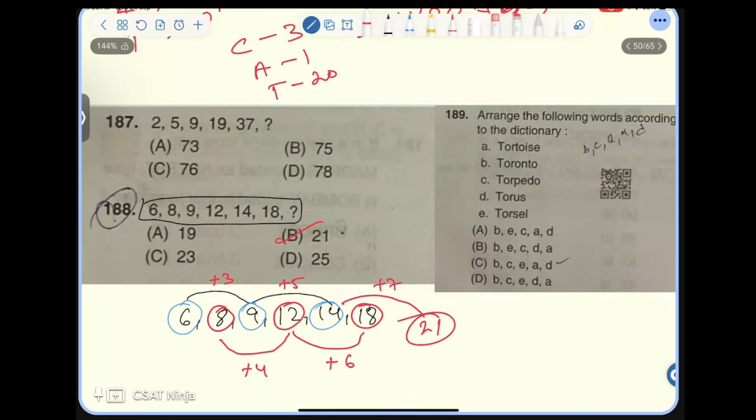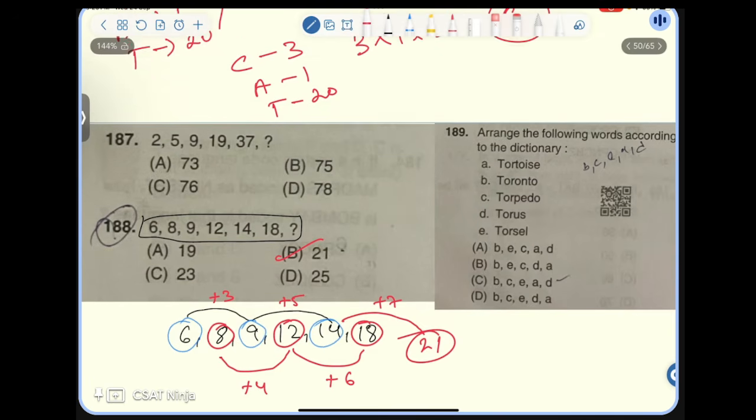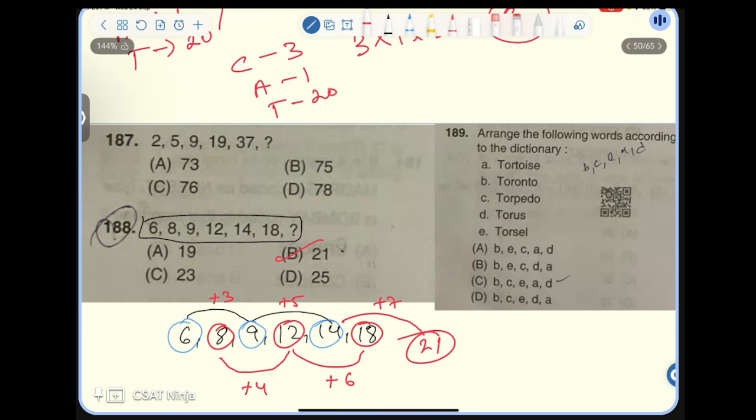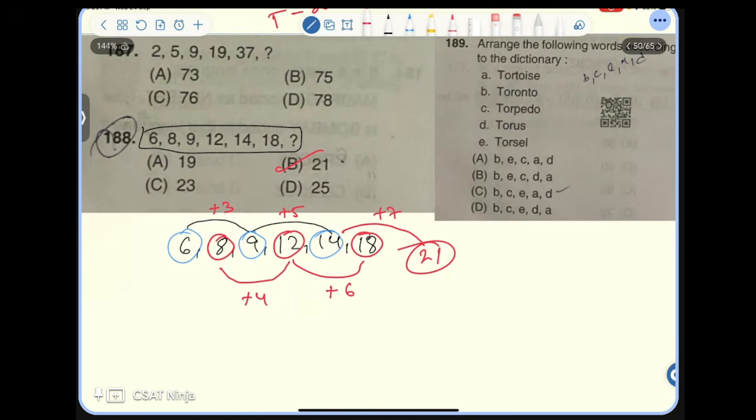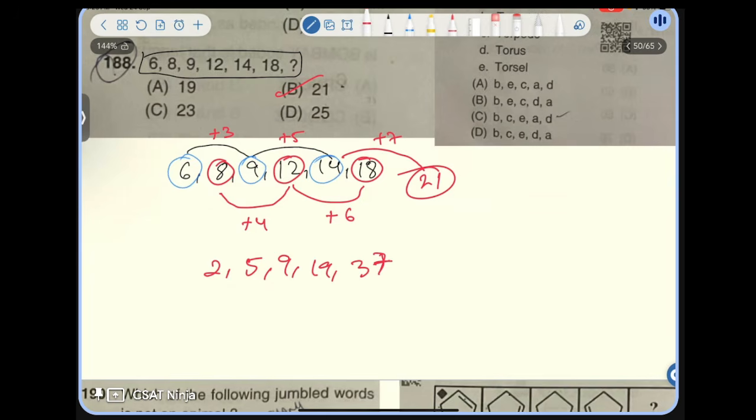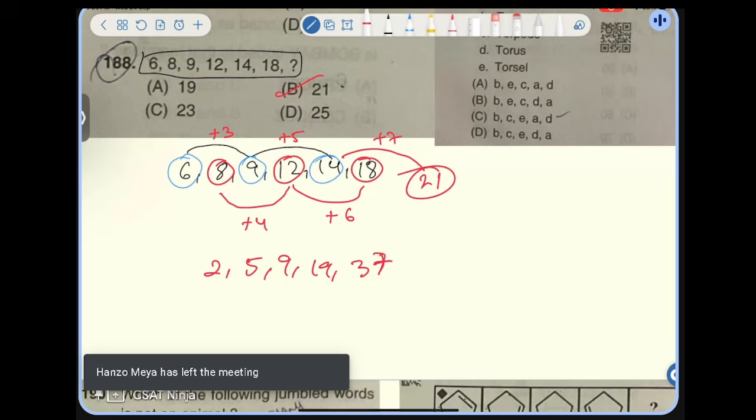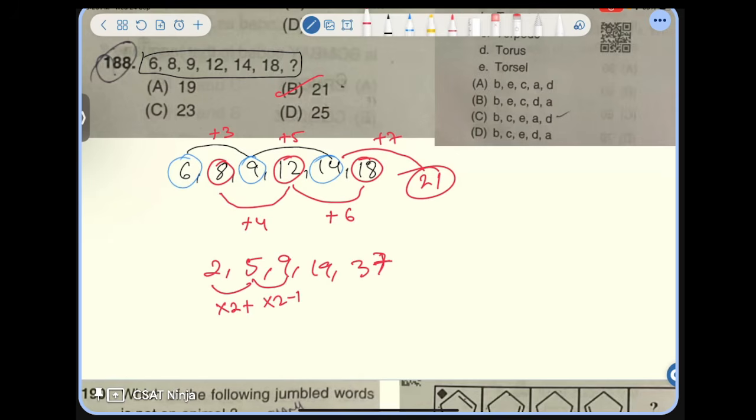So I'll leave the other one for you. Let me just do it; I don't want to clarify later. 2, 5, 9, 19, 37. This one is into 2 plus 1. This one is into 2 minus 1.